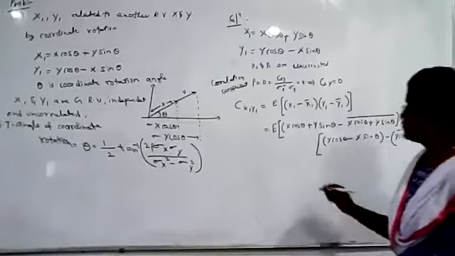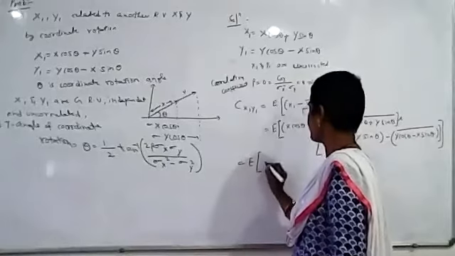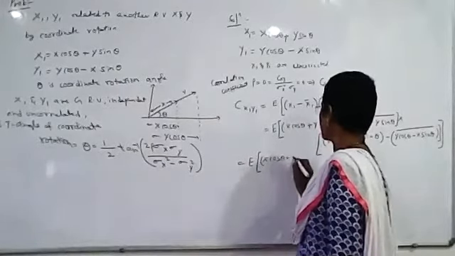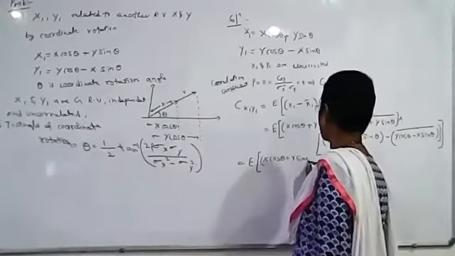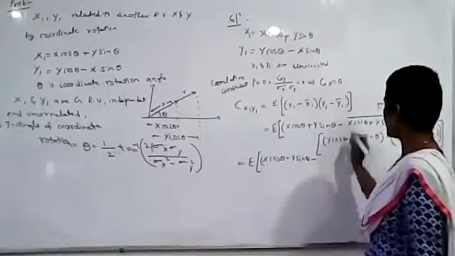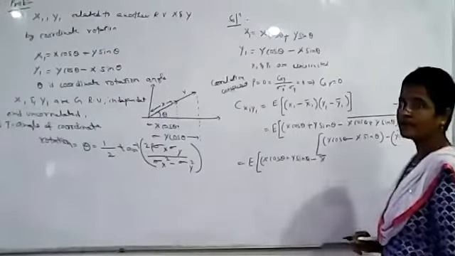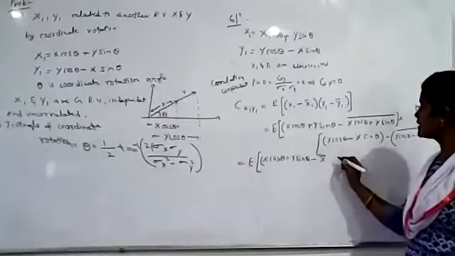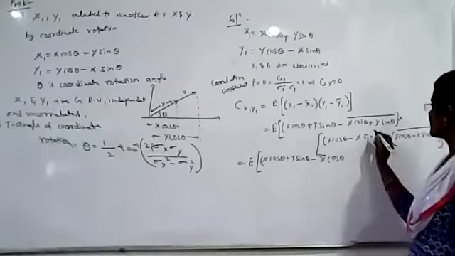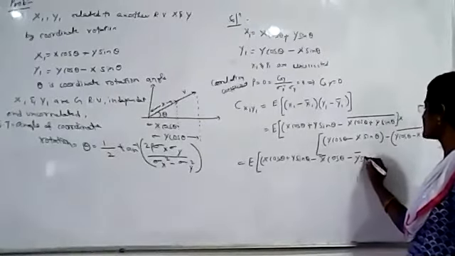Okay. So now this can be written as the expected value of x cos theta plus y sin theta minus x bar cos theta minus y bar sin theta, where we apply expectation to the random variables here. Cos theta is constant, so we write cos theta like that only.